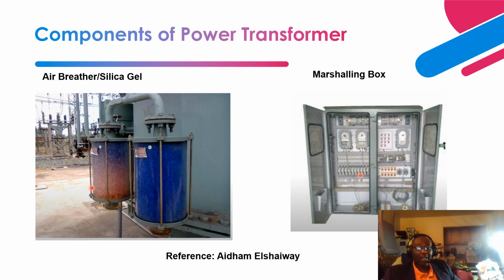For instance, you have auxiliary cube relays that control the fans of this transformer. You have stage 1 fans, stage 2 fans that are integrated to these oil temperature indicating devices based on set points from the needles of these gauges.